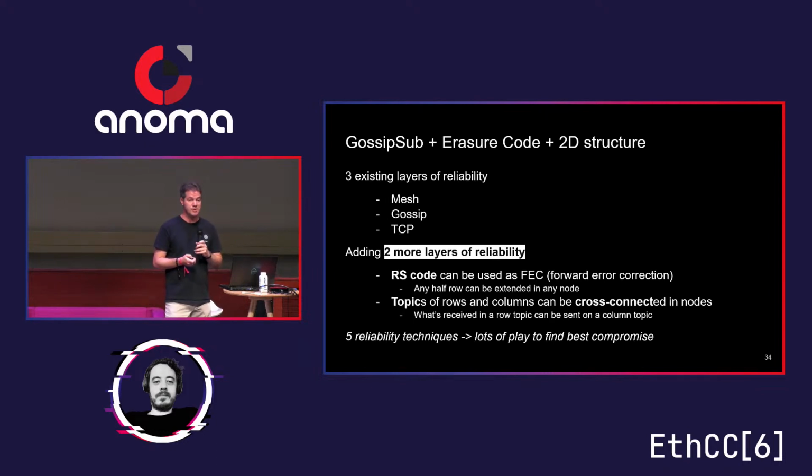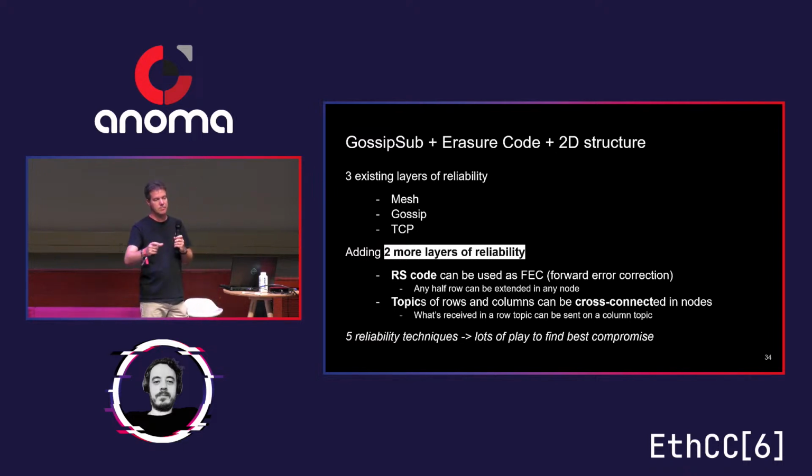The important thing to note here is that we have other reliability mechanisms. We have the mesh, as we said, in which the data is pushed. We have the gossip, for pulling data. When data is passing from one node to another one, it's reliably passed using TCP. And then we have the Reed-Solomon code. The Reed-Solomon code means that when we are sending a row, it's enough to send half of it. It doesn't even matter which half.